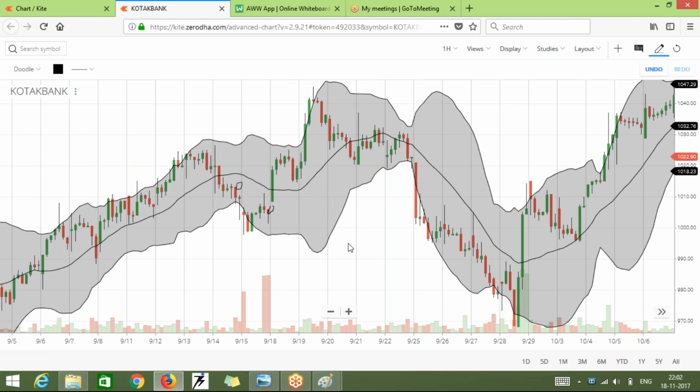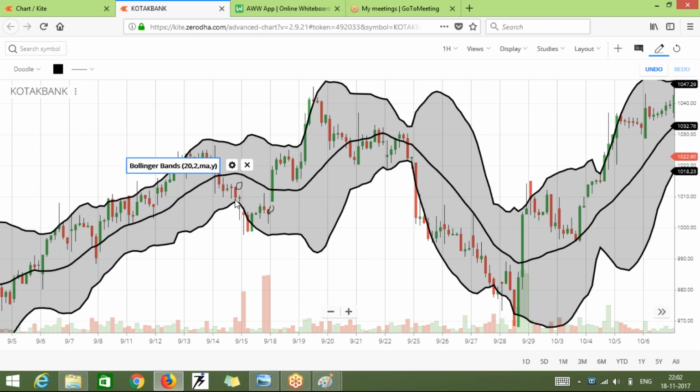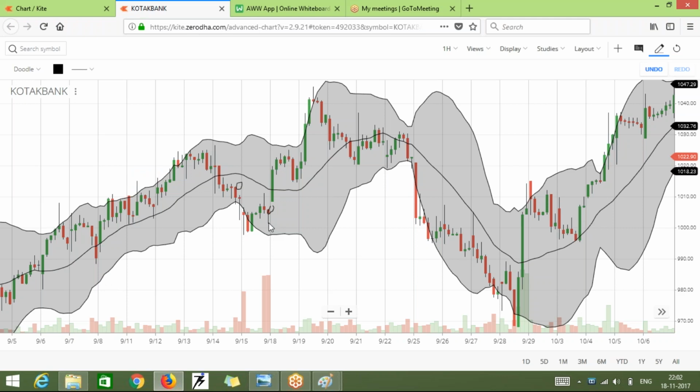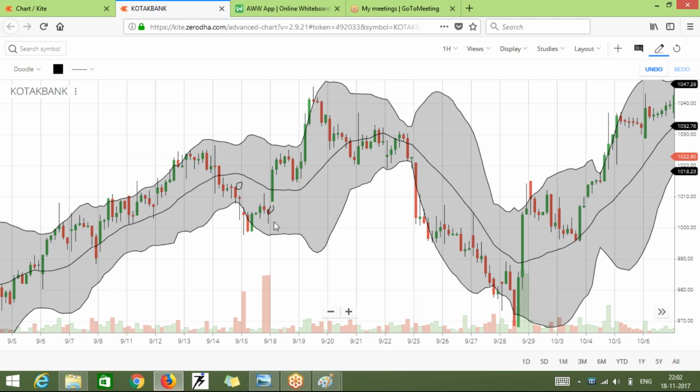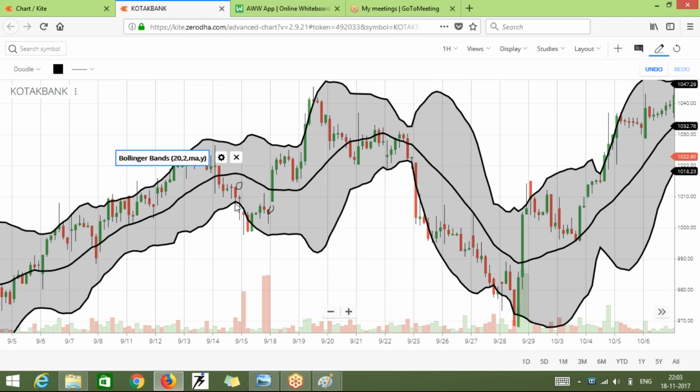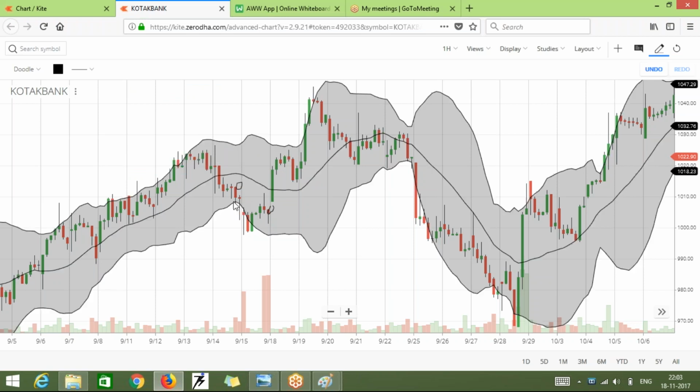If someone is looking at price action, what he will find is that this stock is continuously moving downside. A low was formed and the stock moved to another low, but someone using Bollinger Band can interpret it in a different way. This is where it is almost touching the lower band, and this is the candle where there is a gap between the lower band and the candle's close.